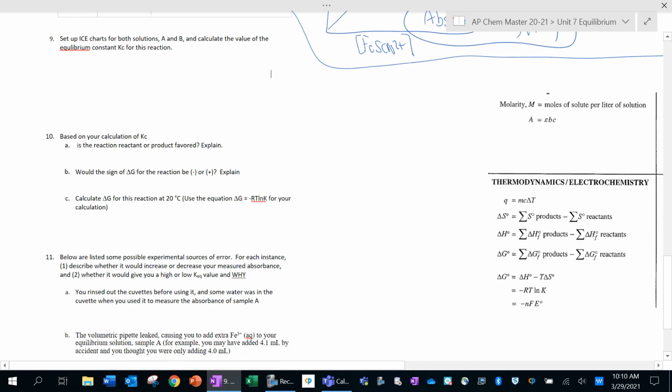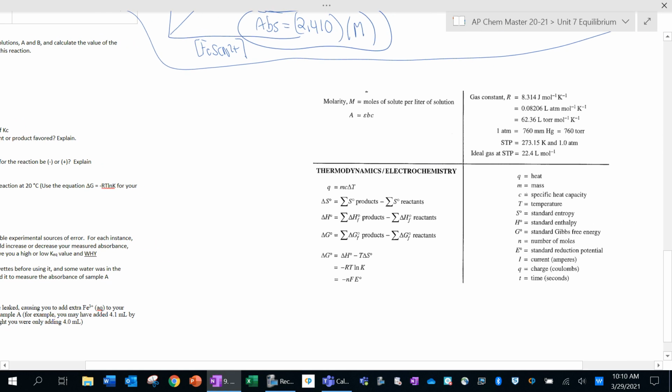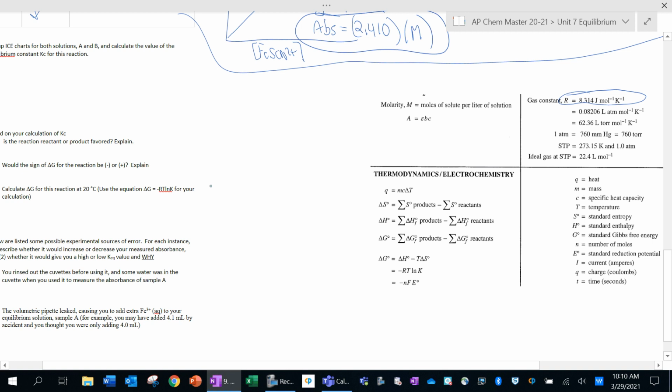And if we look over at our equation sheet, remember R is this right here, 8.314 joules per mole Kelvin. T is our temperature, which we want to be in Kelvin. And the way that we find the Kelvin temperature is we take the Celsius temperature and we add 273. So our Kelvin temperature is 293.